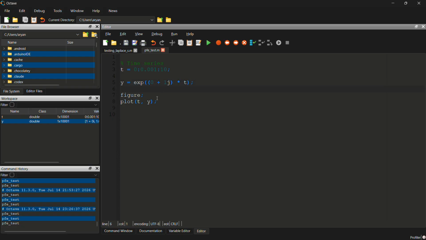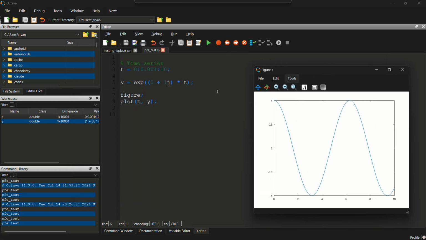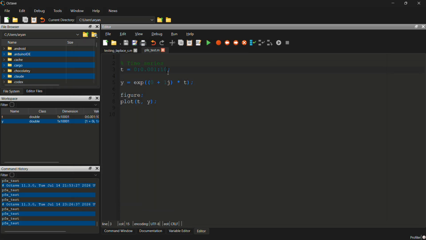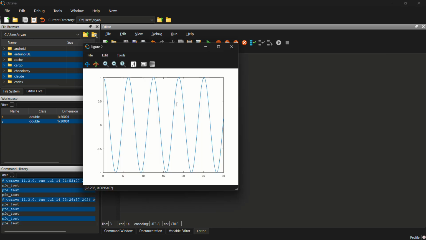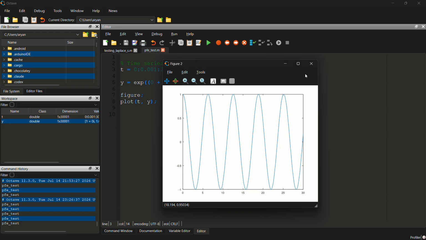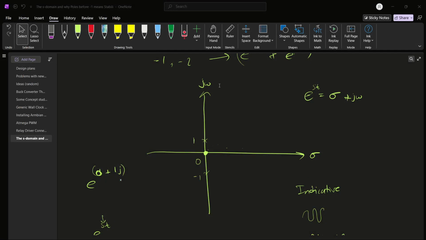If we hit run, we'll see nothing but an oscillation. And if we want to see a bigger picture of this, let's change it to 30. Another figure just popped up, and yes, this is a sustained oscillation. So any point lying on this j omega axis will be a sustained oscillation.